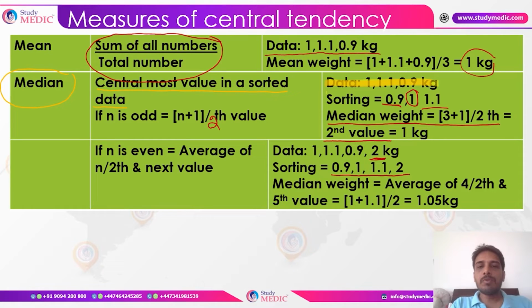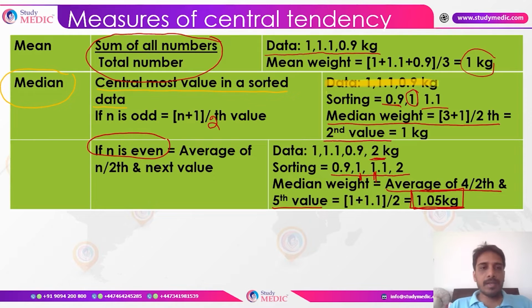Then the median weight would be the average of the n by 2th value and the next. What is the n by 2th? That is the second value. What is the next? That is the third value, and the average is 1.05 kg, which becomes the median. So when n is even, we take the average of the two middle numbers. When n is odd, we take half of the n plus 1th value. So this is how we calculate the median.